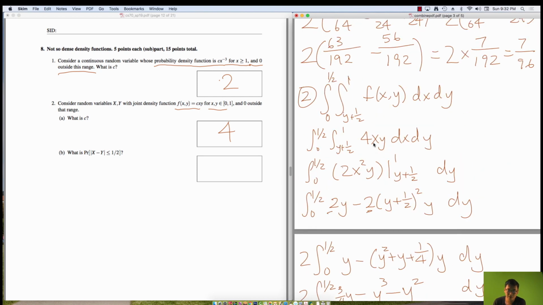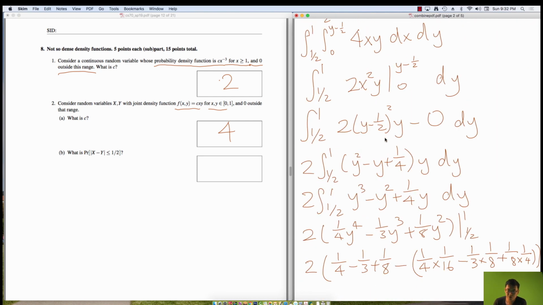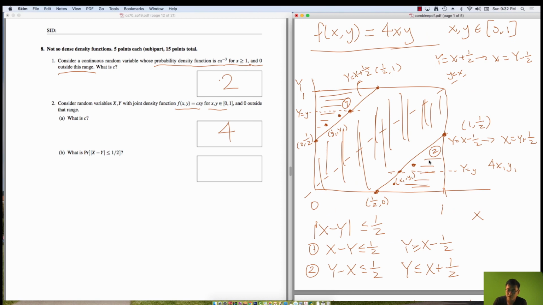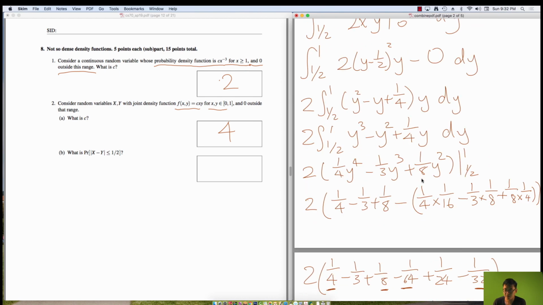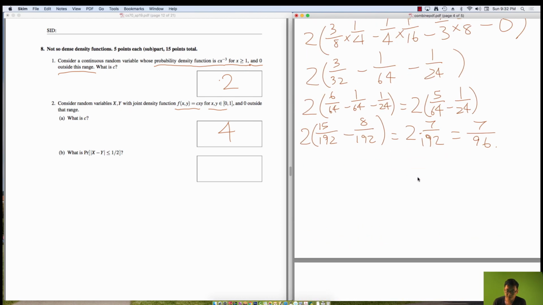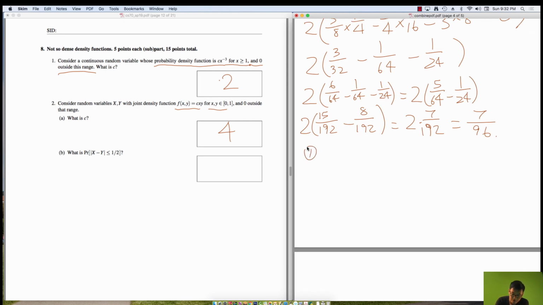So again, the area of triangle 2, so this triangle right here, is equal to 7 over 96. So we see that the area of 1 plus the area of 2 is equal to 7 over 96 plus 7 over 96, which is equal to 7 over 48.